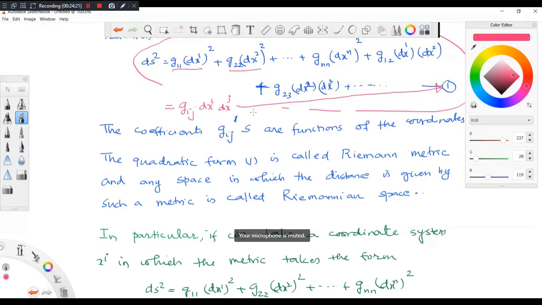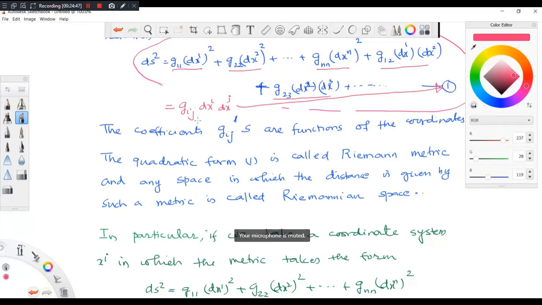When i and j are both n, I will get this. Now I can have i equal to 1 and j equal to 2, then I will get this. I equal to 2 and j equal to 3, I will get this, and so on. This is the Einstein summation convention. So Gij dxi dxj I can write in short like this.